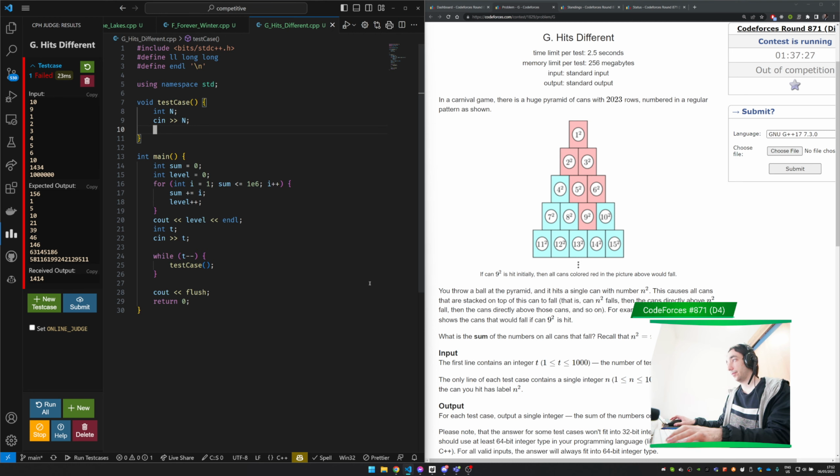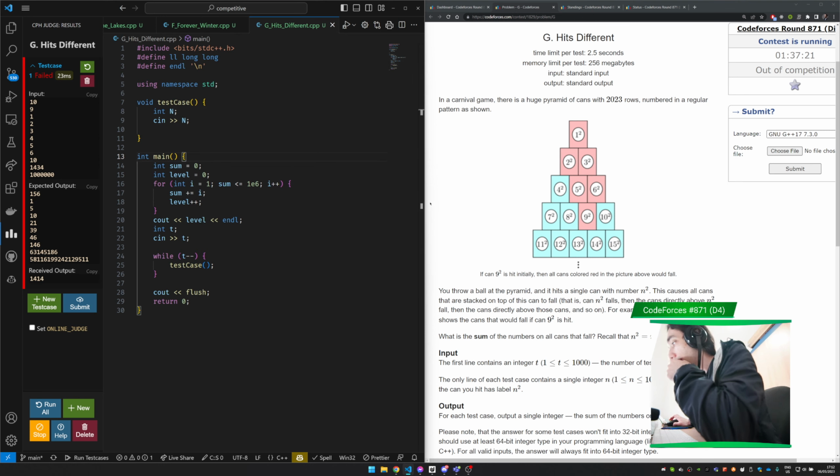So technically, for each level, I want to really quickly know what are the squares that will fall.